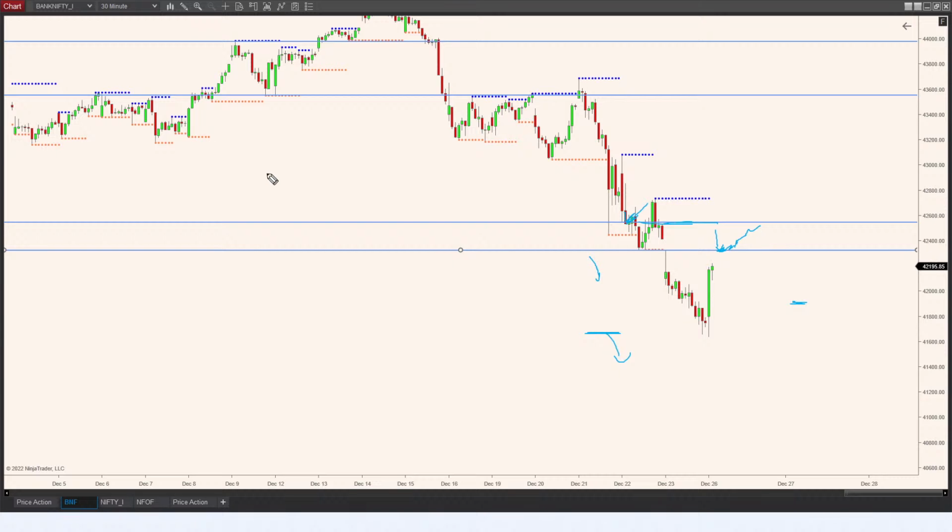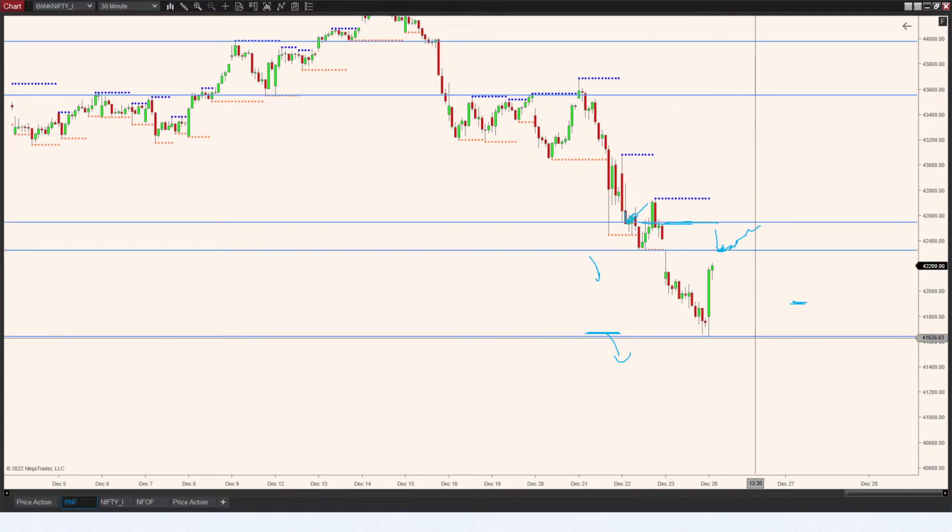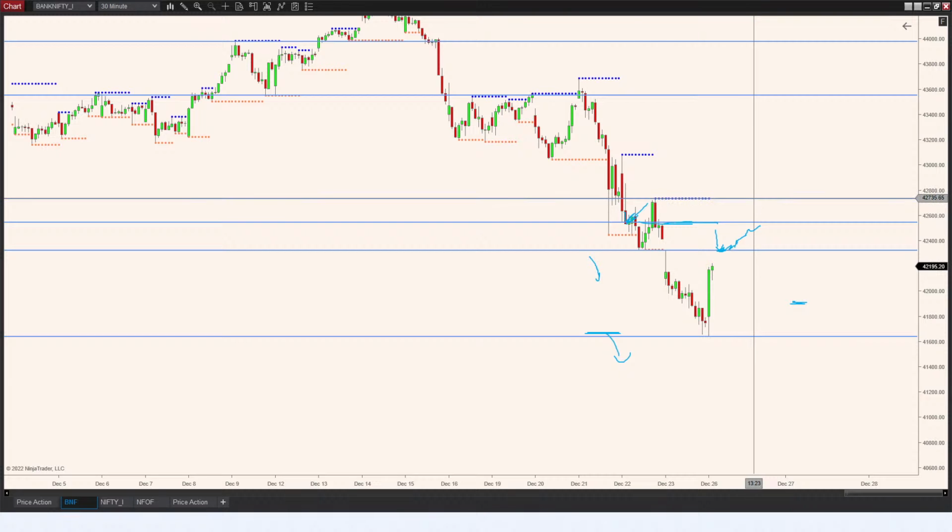And the immediate key levels to monitor the price action are today's high, so I just want to keep the level 41,640, and 42,310, roughly, which is the previous day high, and the immediate swing, which is at 42,727.